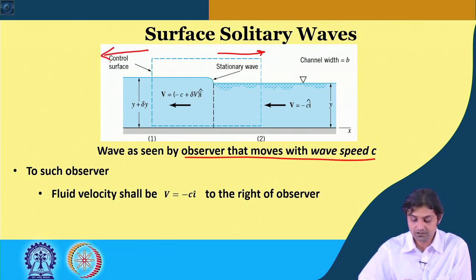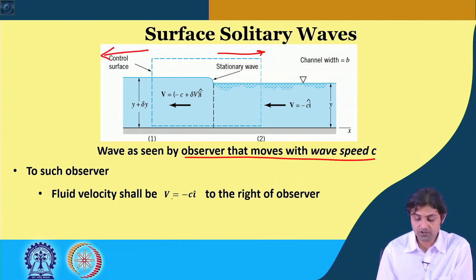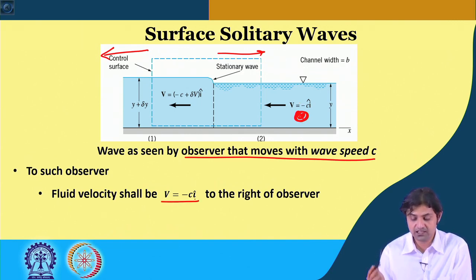To him this part in reality is stationary, and he himself is moving in x direction with speed c. So, to him the fluid velocity shall be minus c I cap, where I indicates the unit vector in x direction.